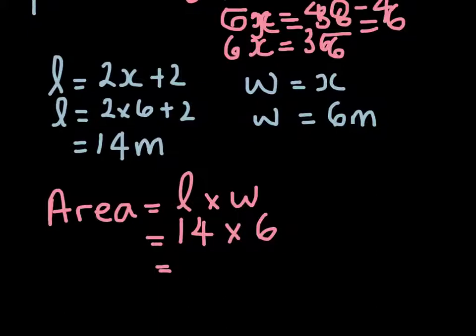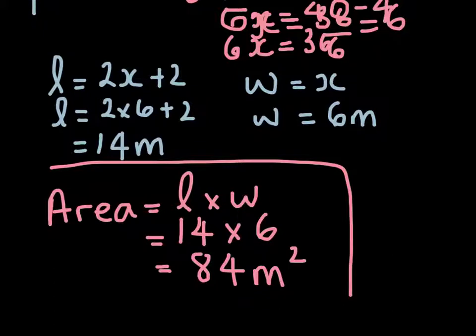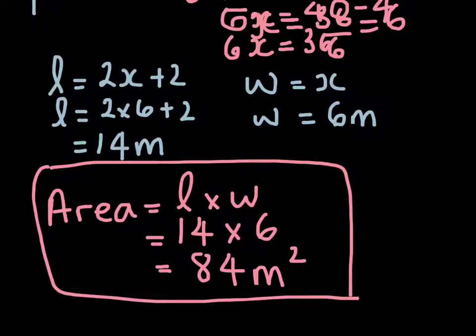And what is 14 times 6? That's 84. Now remember, you're answering an area question, so it must have units, 84 metres squared. That's an excellence. That seems silly. Use your length and width to find the area of the chicken run. This little bit here. Excellence.